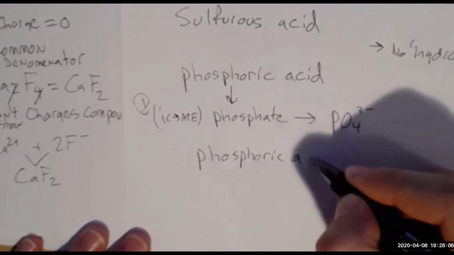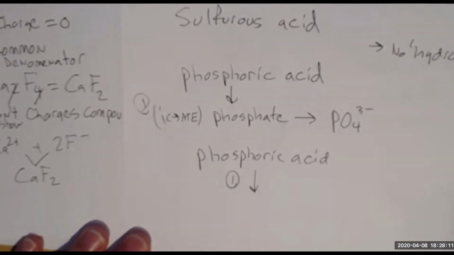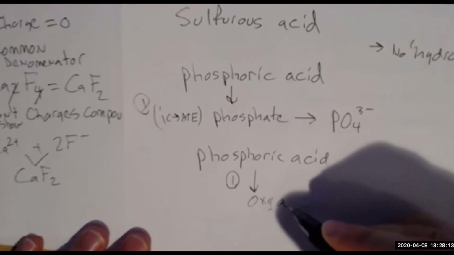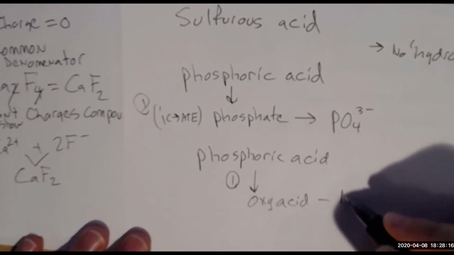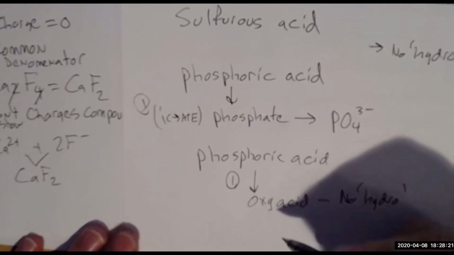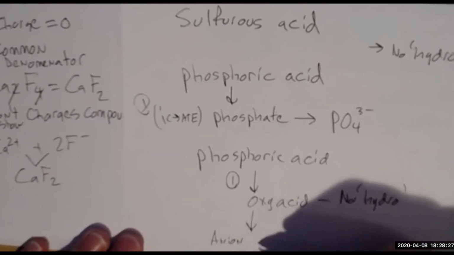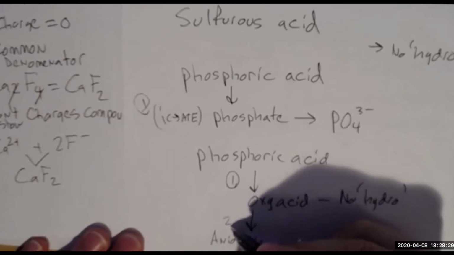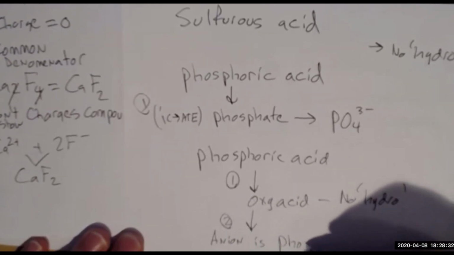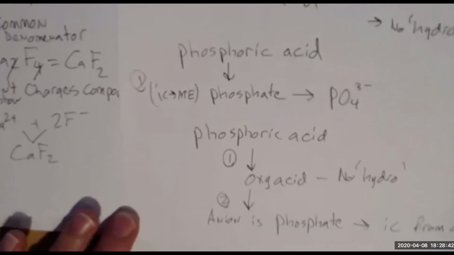The first step is saying to ourselves it's an oxyacid because there's no hydro. That would be a better first step. Then the second step is the anion is phosphate, because ic came from ate.